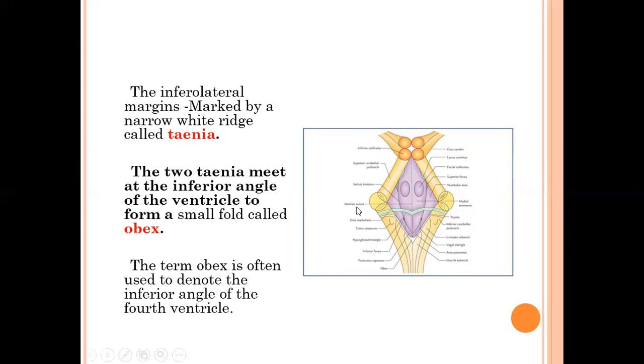Then you also see here, in the midline, the intermediate part of the floor of the fourth ventricle. This is actually the junction between the pons and medulla oblongata. This intermediate part is prolonged laterally on either side over the inferior cerebellar peduncle and the floor of the lateral recess.